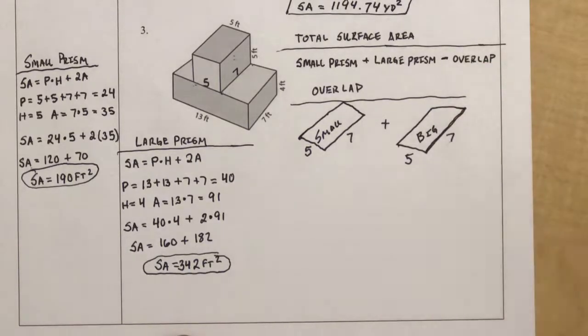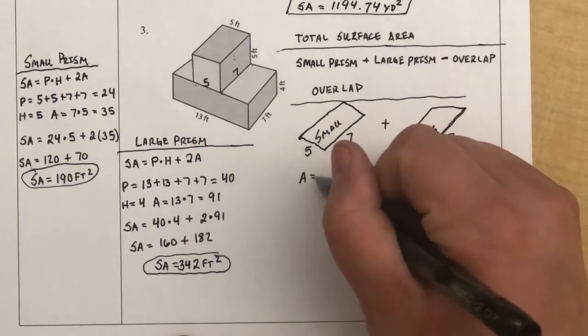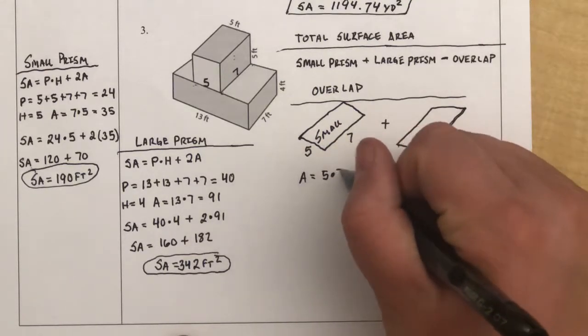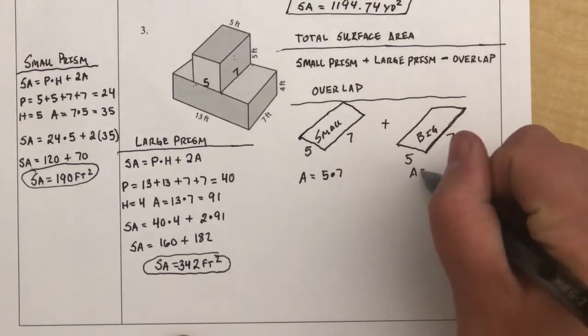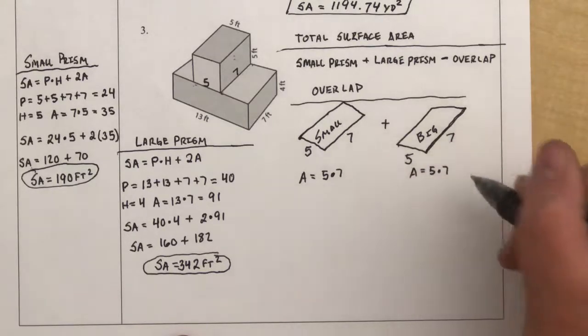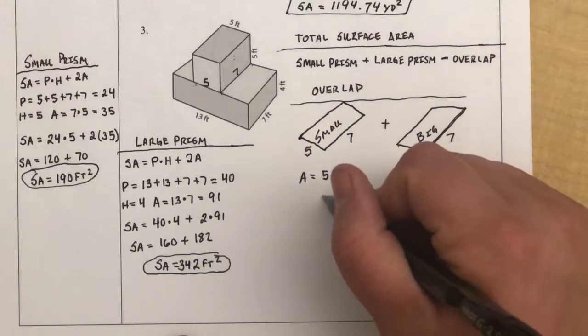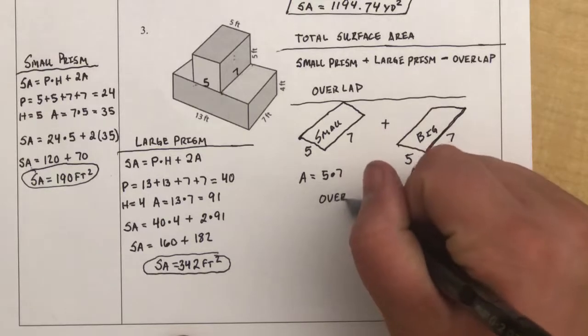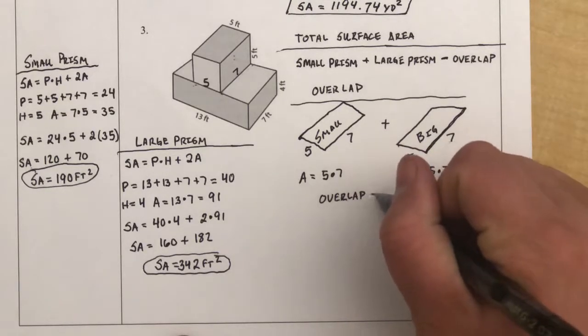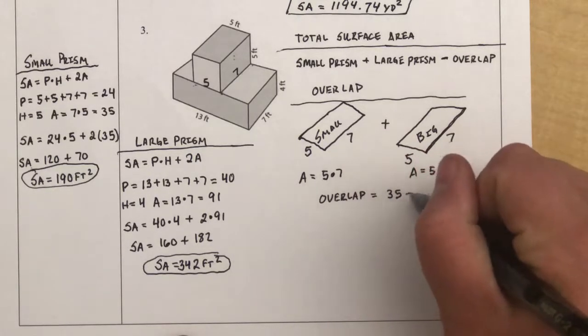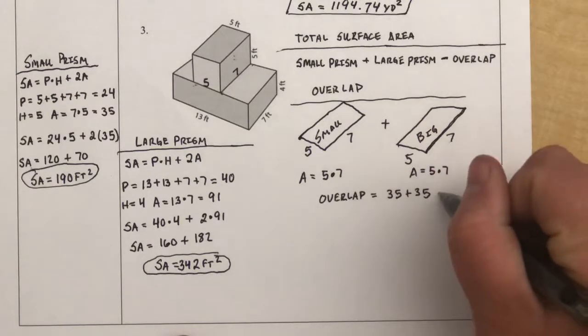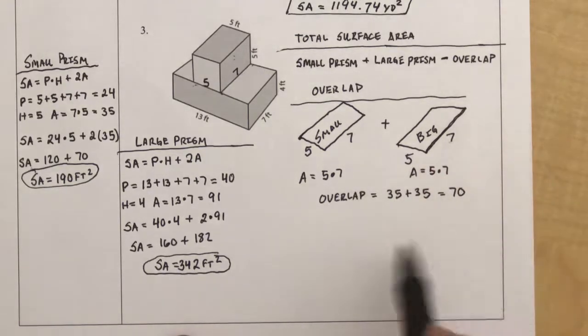Anyway, you're going to find the area, and area in both cases is going to be 5 times 7, which is 35. So overlap is going to be 35 plus 35, which is 70.